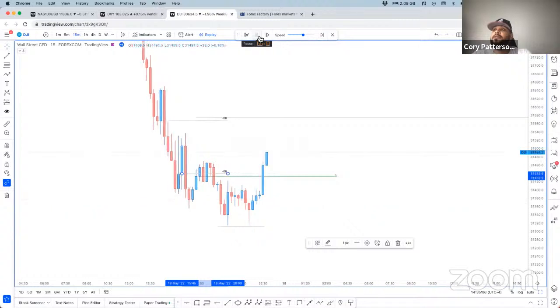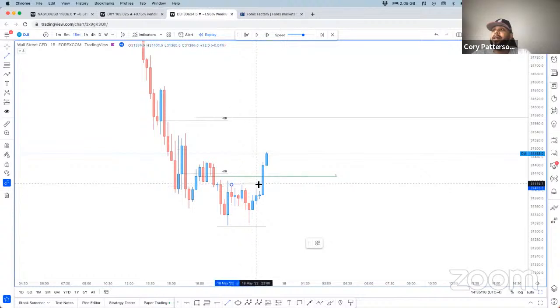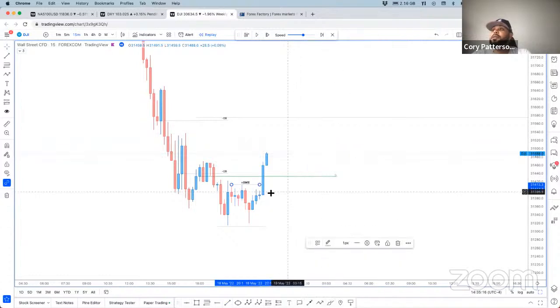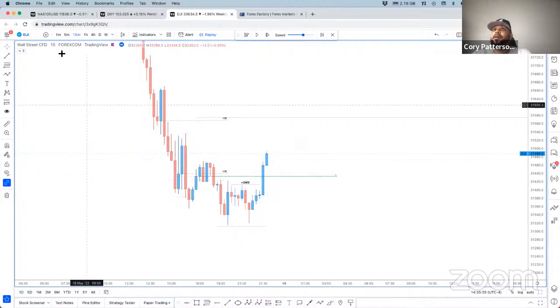When do we get a shift in market structure? Right here. You see this? This shift right here. These are highs right here on the 15-minute. This is where you get your engulfing right here. So now you can say, all right, cool.